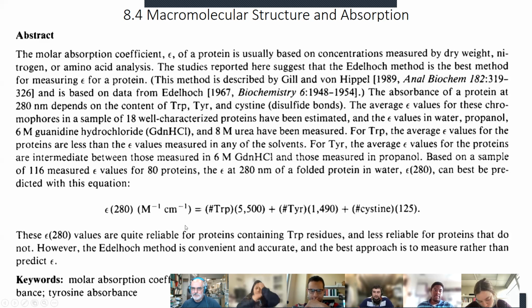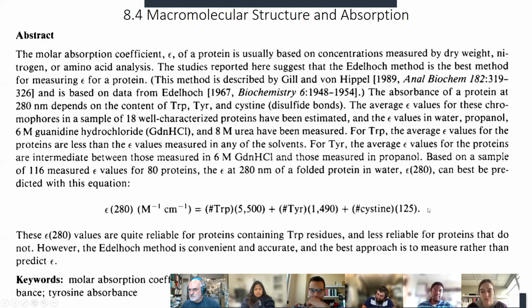And the simple method is shown in this equation. The extinction coefficient at 280 for any given protein depends upon the number of tryptophans, literally how many tryptophans in the sequence, times 5,500, plus the number of tyrosines times 1490, plus the number of disulfides, which is a cysteine, times 125.